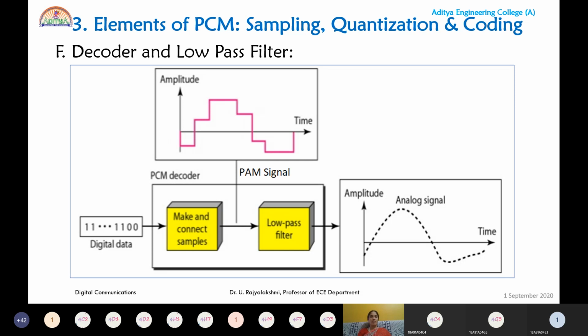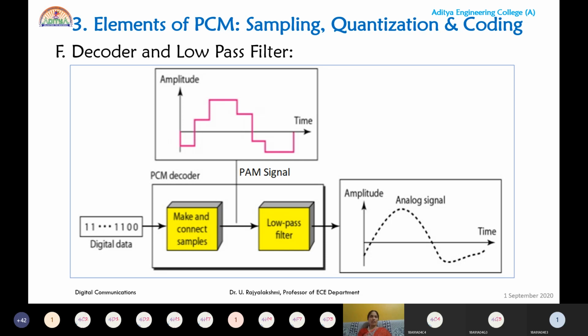You can observe that the output of the decoder is in the form of a PAM signal. The output of the decoder is a pulse amplitude modulated signal, because in a pulse amplitude modulated signal the amplitude varies. It is a flat top sample signal.